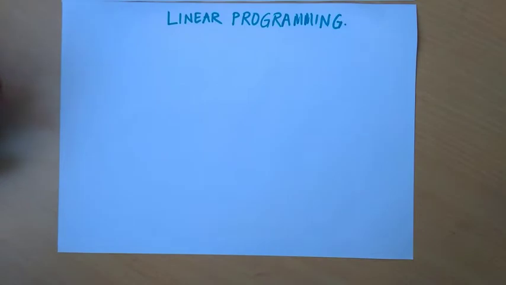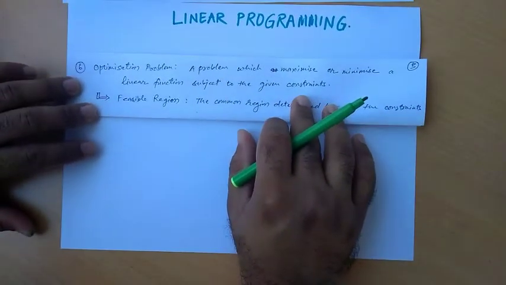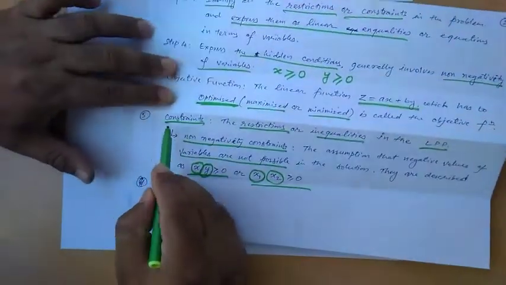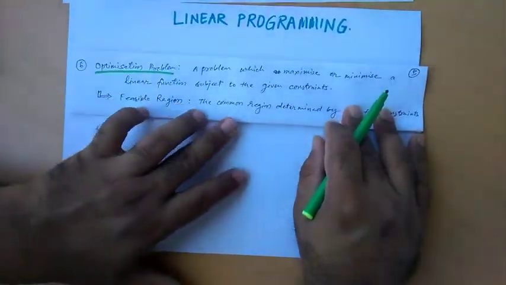Okay, so now the optimization problem. We have dealt with number 5 till now, so number 6 is the optimization problem. And what exactly is it?